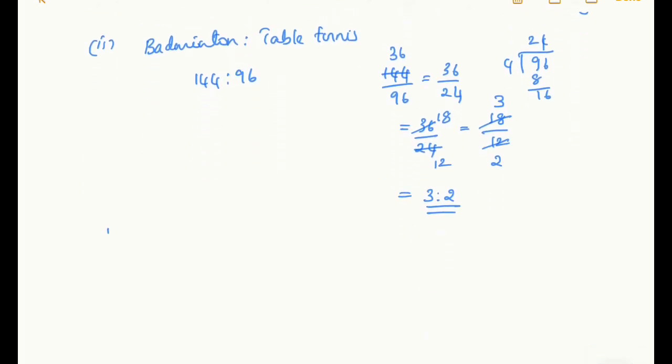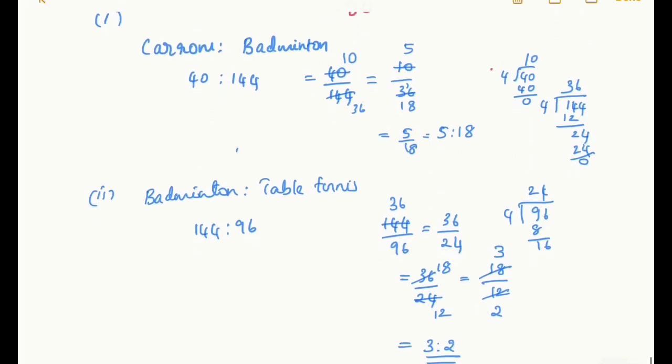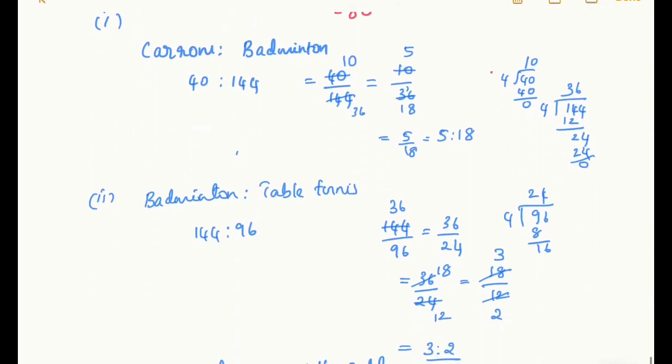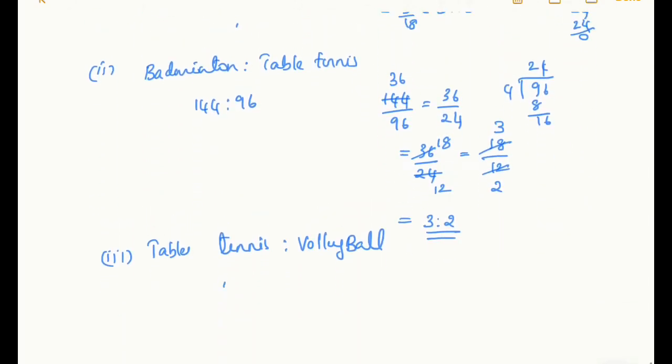Now coming to the third question. What is the third sub question? Table tennis to volleyball. So how many of them play table tennis here? Just have a look. Table tennis is 96, volleyball is 80.